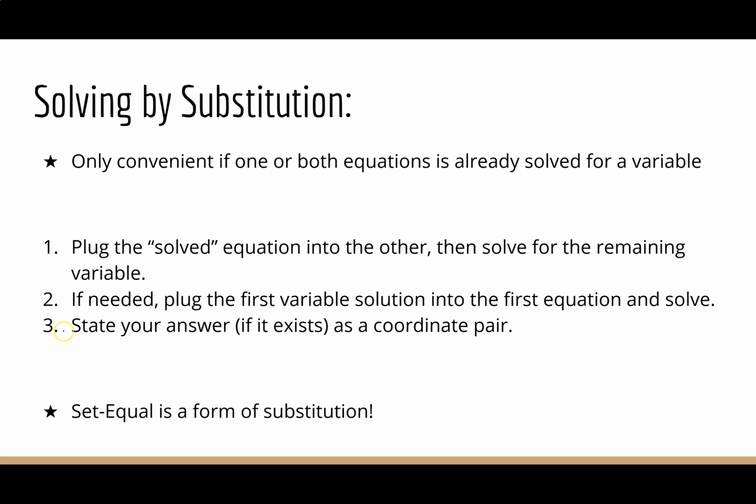And just like all the strategies, state your answer if it exists as a coordinate pair. And a note down here, set equal is a form of substitution, so we've already been doing substitution. Now, substitution is usually the type of problem that people avoid, just because it's more algebraic. But it depends on the person, so we're going to go over it.